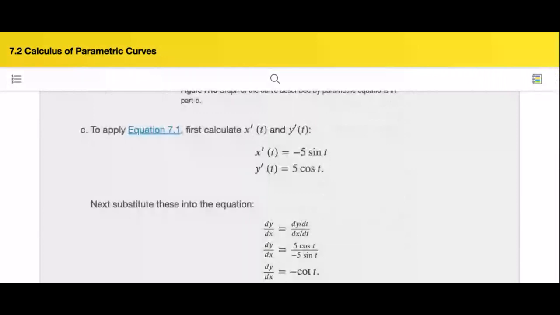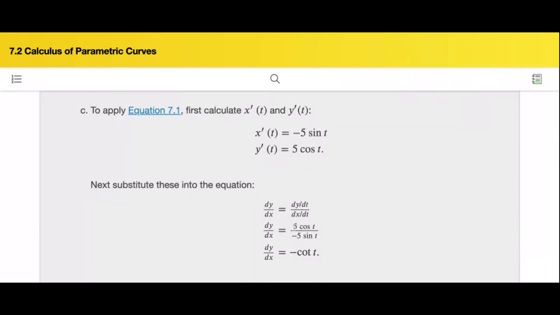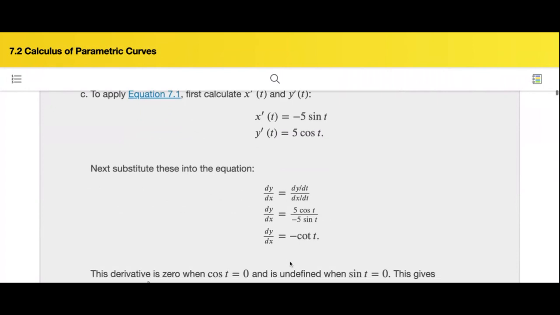So we take the derivative: x prime of t equals negative 5 sine t, y prime of t equals 5 cosine t. dy/dx equals y prime over x prime equals 5 cosine t divided by negative 5 sine t, so we get negative cosine t over sine t.